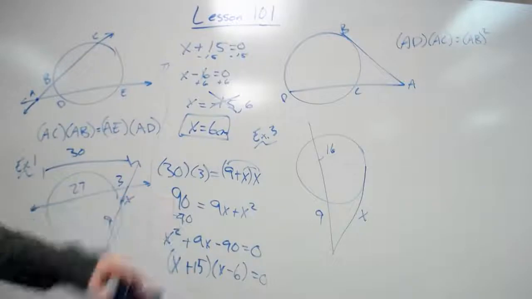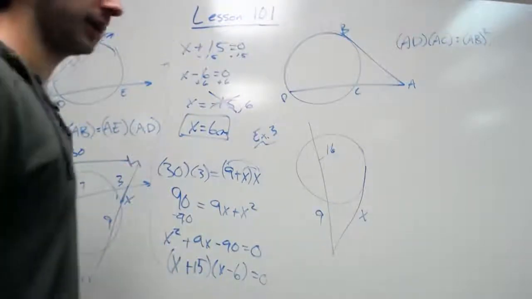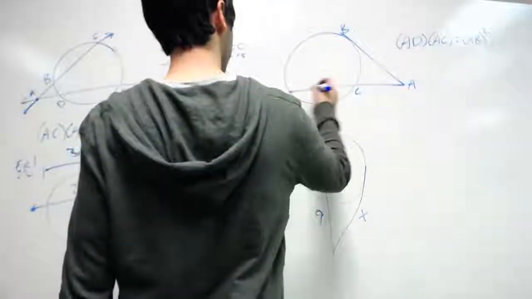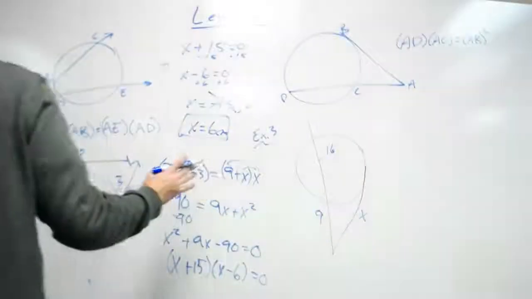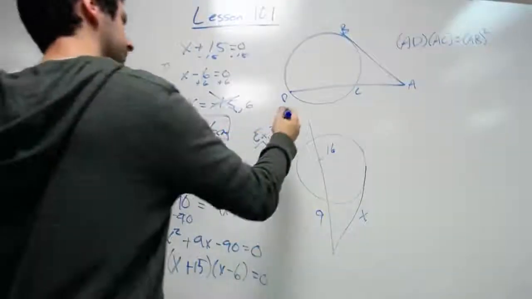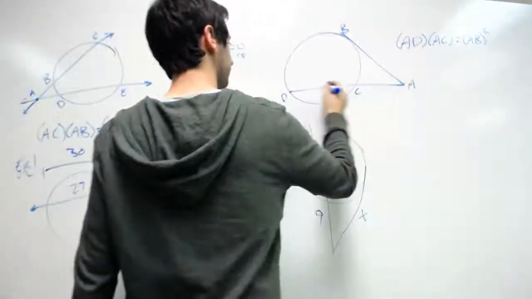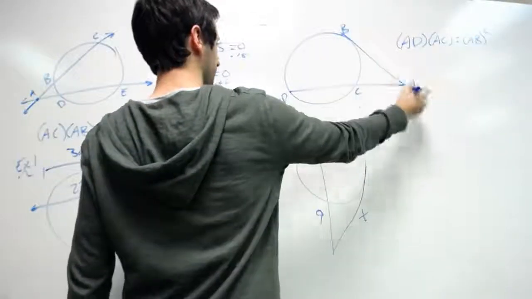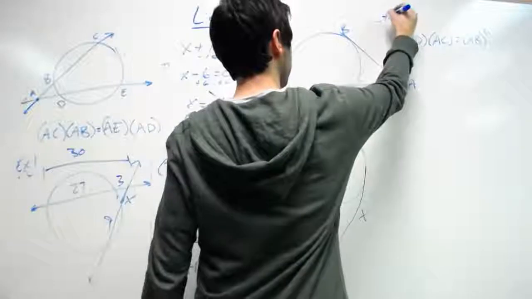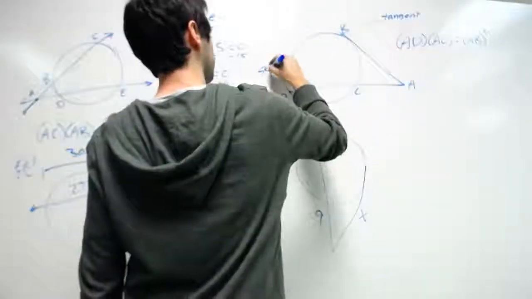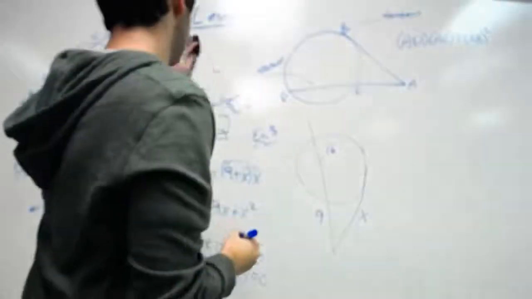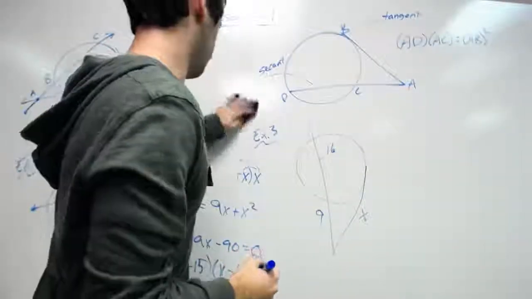One more type of formula. Now let's look at if we have one secant. Here's our secant. But now this line does not go through the circle. So this is a tangent line. That has a different formula than the one we just did.